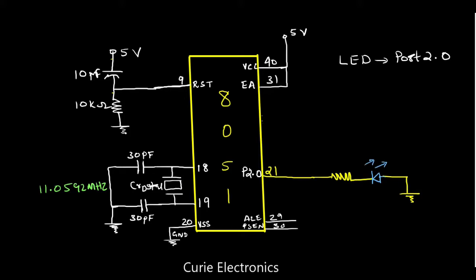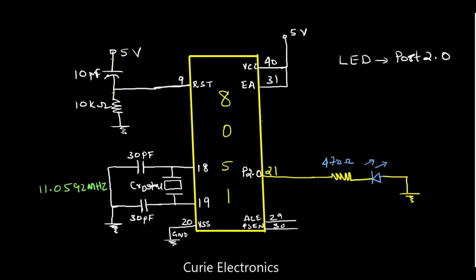This resistor you can put around 470 ohms or 330 ohms, or whatever value you have in that range.